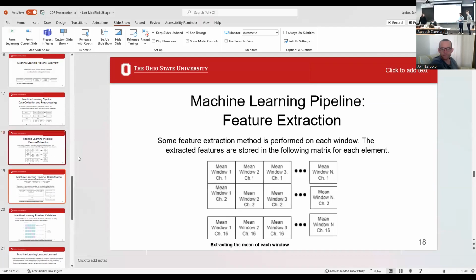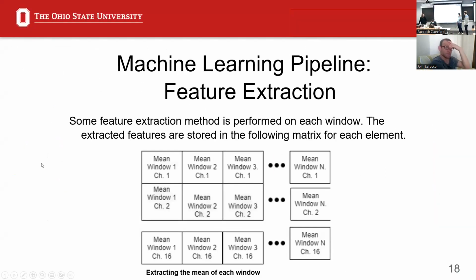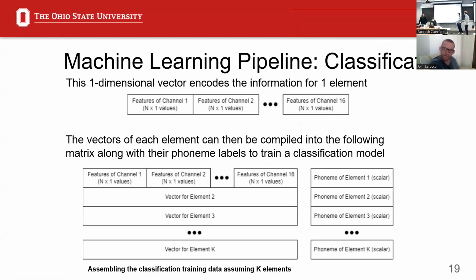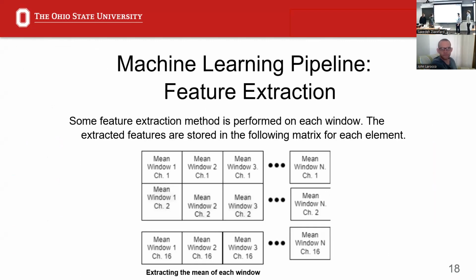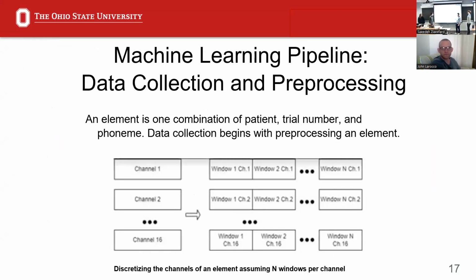I just want to go back to that for clarity, maybe slide number 17. Are you talking about this one? Yes. Is N based on our window size? Go back one more slide. Okay, this is where it begins.